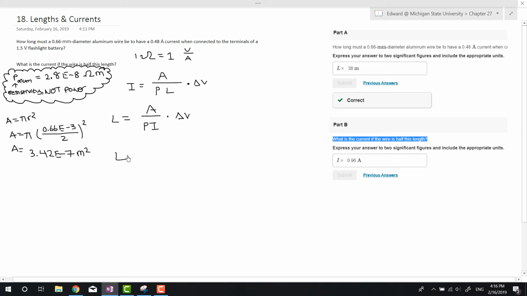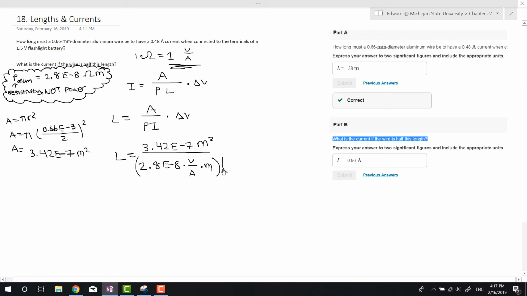Now we can solve for the length. So we get 3.42 e to the negative 7 meters squared divided by resistivity, which is 2.8 e to the negative 8. I'm just going to use these units instead, so stuff cancels. So we get V over A times meter.